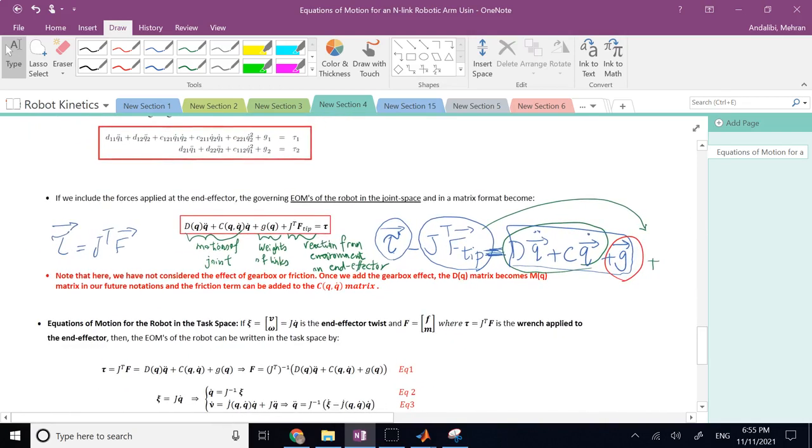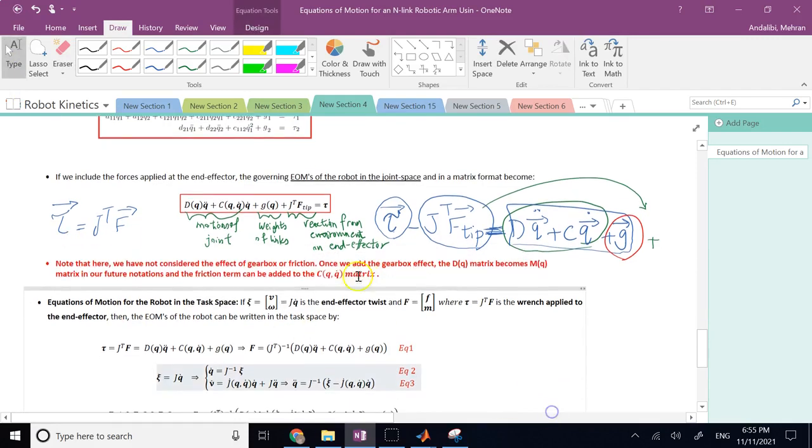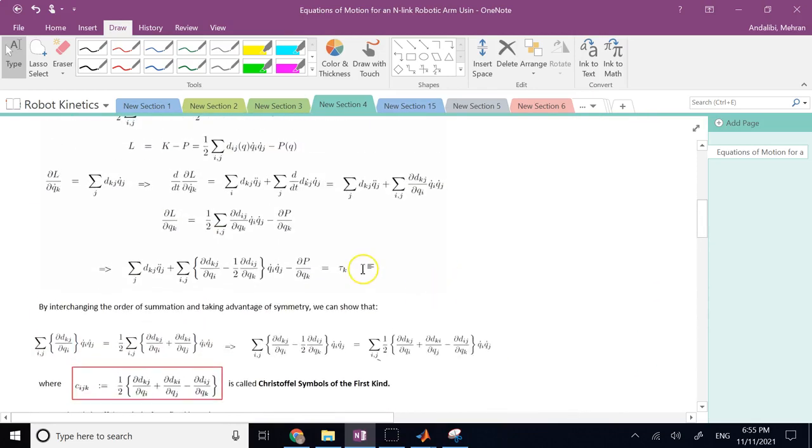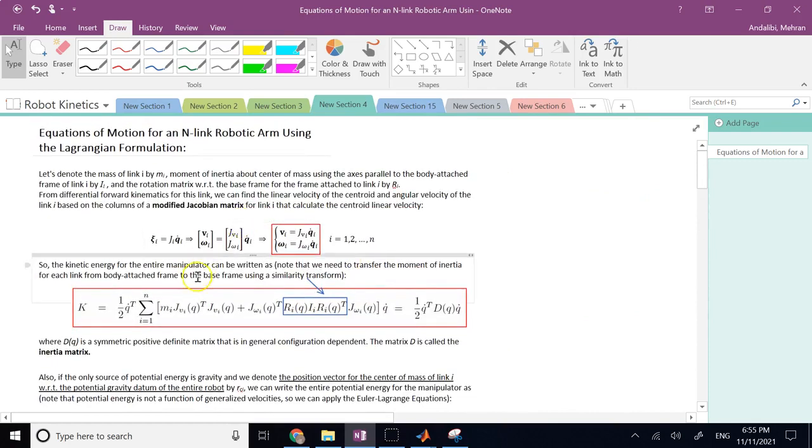Now, before I get into the next topic, which is equations of motion in the task space, I want to emphasize one important thing. So far, all we have considered was really the D matrix, and the D matrix directly comes from what?